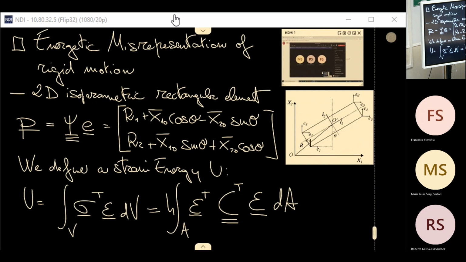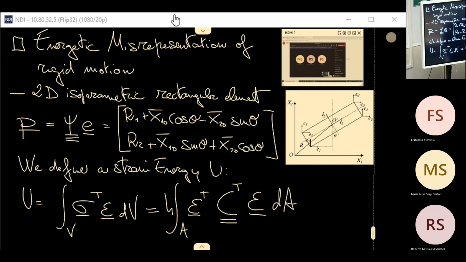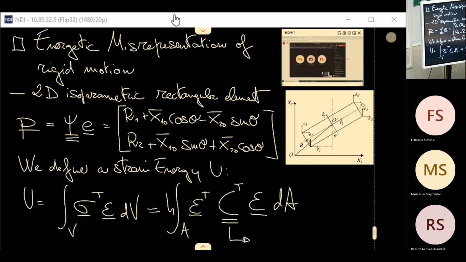So for our case, in case of a linear elastic constitutive law, this is Hooke's matrix. In theory, it should be a tensor.